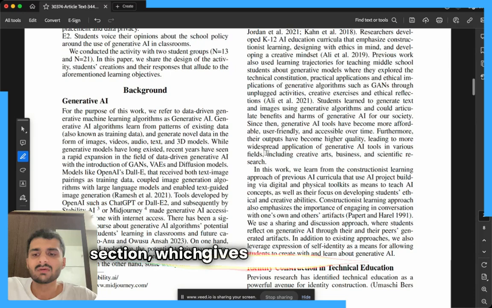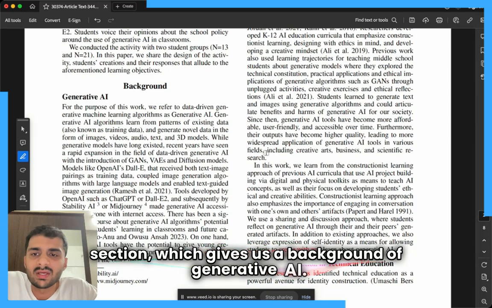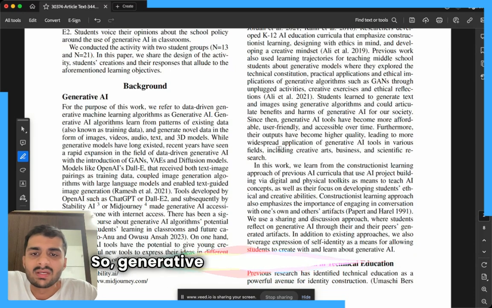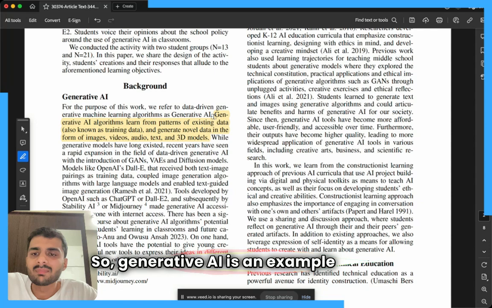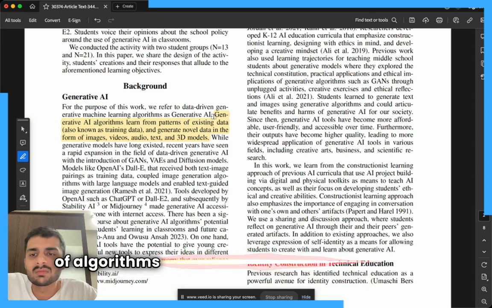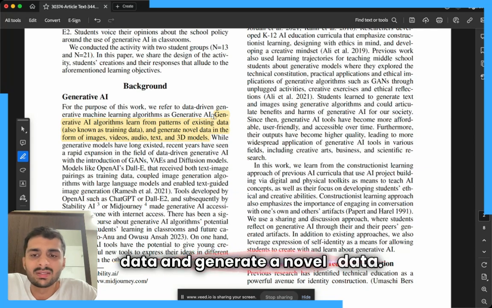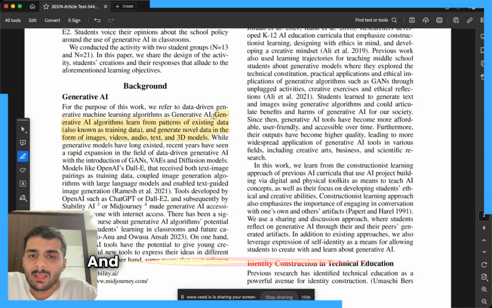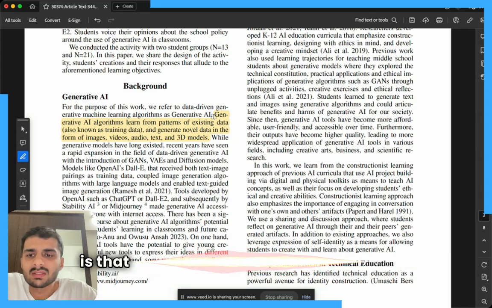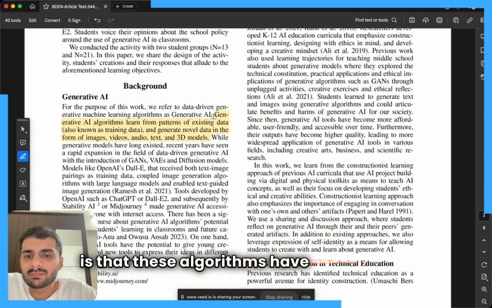The next section gives us a background of generative AI. So, generative AI is an example of types of algorithms that learn from patterns of existing data and generate novel data. And one thing that was interesting to me is that these algorithms have long existed.